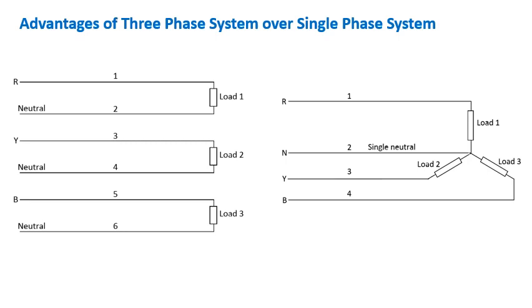Now let us understand the feeding of single phase load and feeding of a three phase load. Here we are showing three independent loads which are being supplied by each individual phase R, Y and B. If I consider that these loads are balanced or unbalanced, balanced means equal load, unbalanced means the magnitude of the load, that is the impedance of load 1, load 2 and load 3, are not equal.